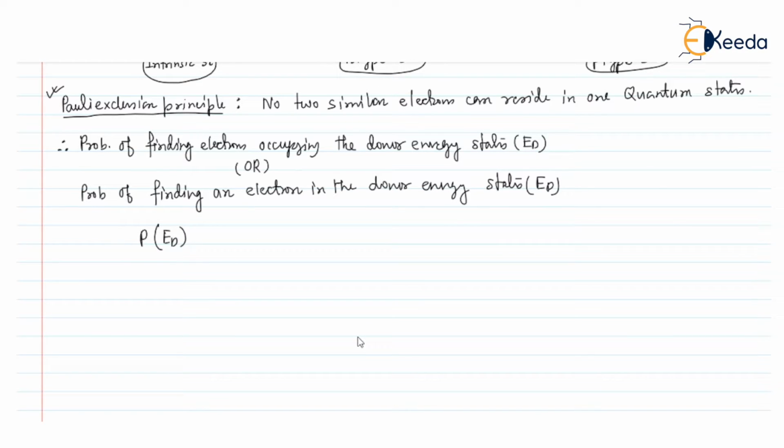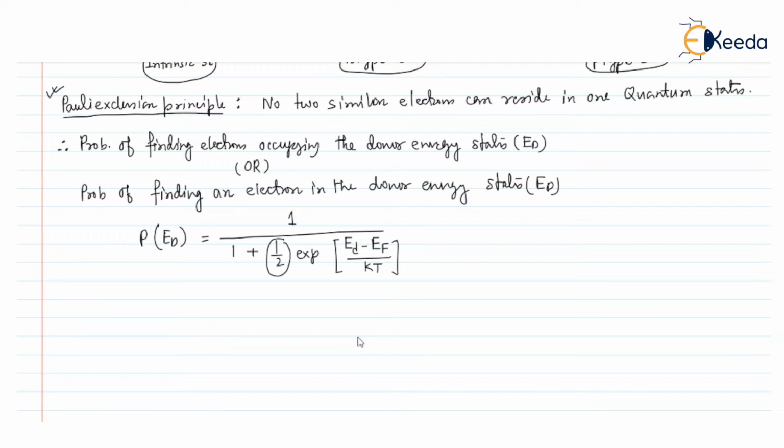P of ED means the probability of finding an electron in the ED energy states, and it is represented by the Fermi-Dirac function in this fashion: 1 plus half exponential of (ED minus EF) divided by KT, where EF is the Fermi energy, K is the Boltzmann constant, and T is the temperature.